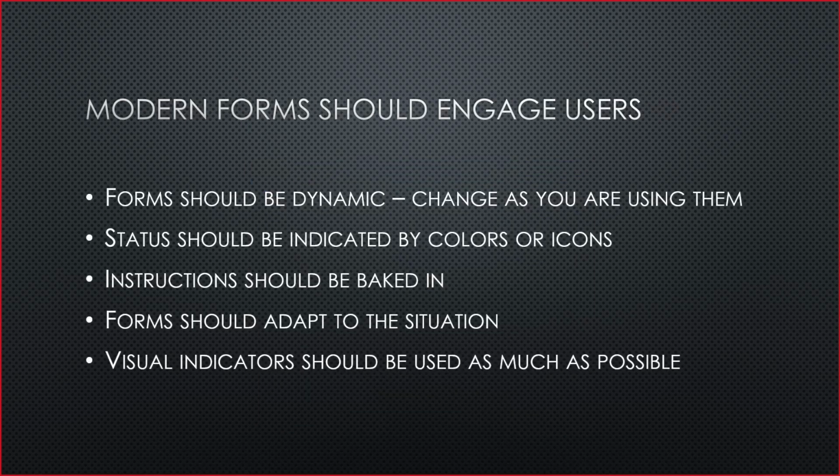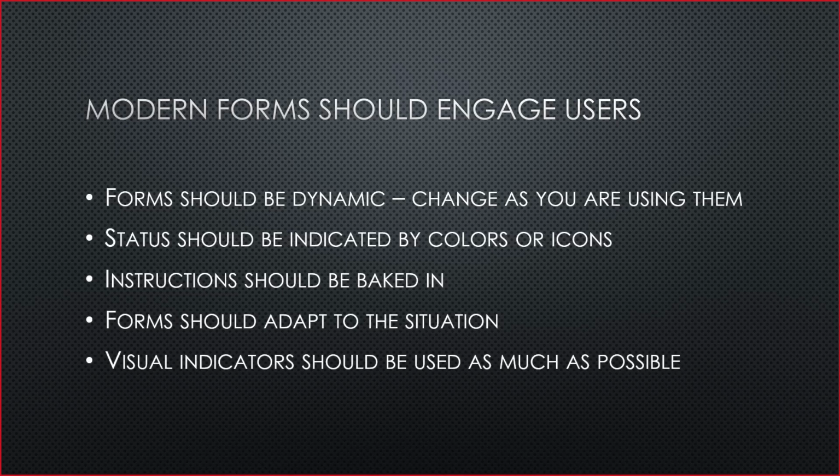So what is it that we want to achieve? Let's just talk about our goals in terms of what it is that we want to do with forms in SharePoint and what we strive for. Forms should be dynamic. That means that they change according to conditions. It could be based on the status of a process.